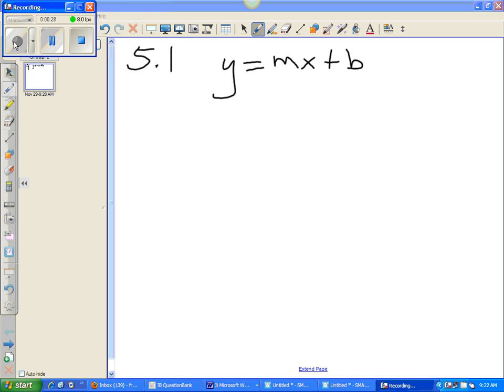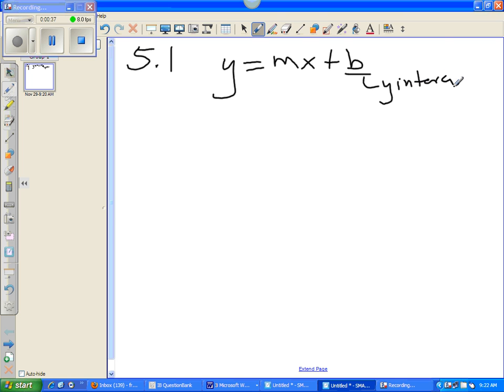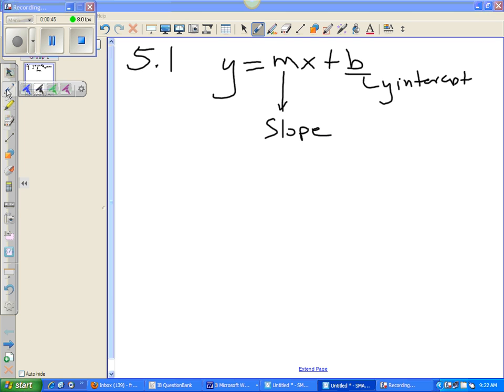Now, if you really look at this, what this tells you is that b is the y-intercept. M is the slope. And if you look at the y and the x and wonder what those are, they are actually points on the line that are described by this formula.